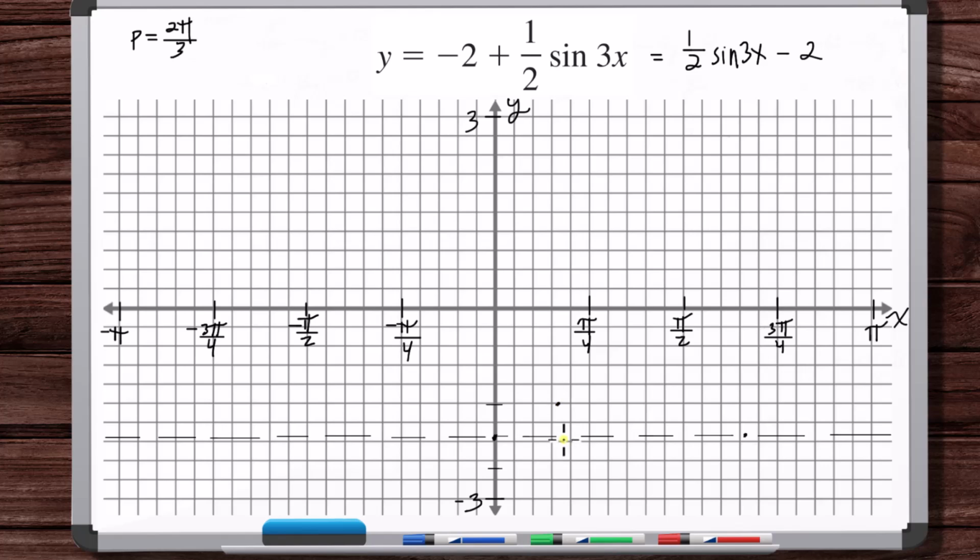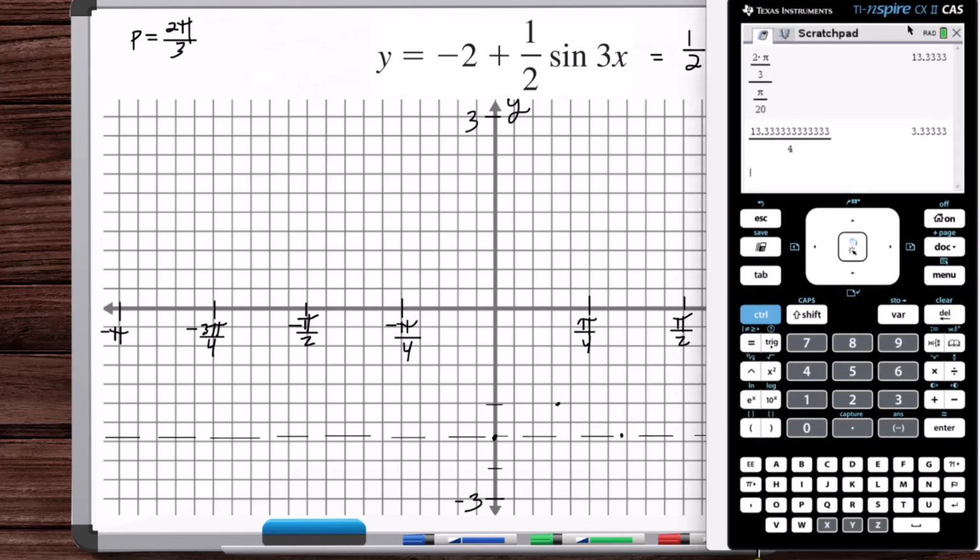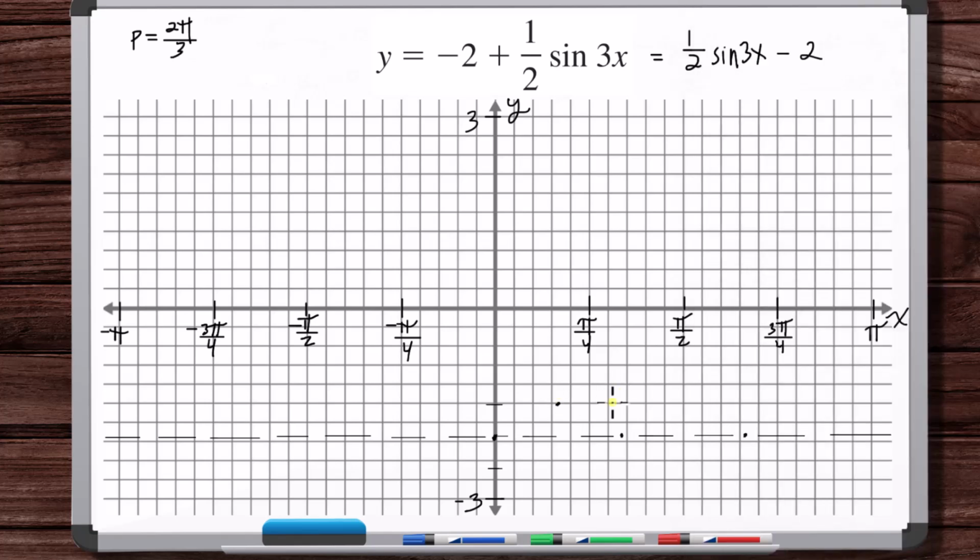And then let's see. 3 and a third times 2 is 6 and 2/3. So 1, 2, 3, 4, 5, 6. 6 and 2/3. We come back through the mean axis, and then 3 and a third times 3 is 10. So 1, 2, 3, 4, 5, 6, 7, 8, 9, 10. That's going to be the negative amplitude. Okay.